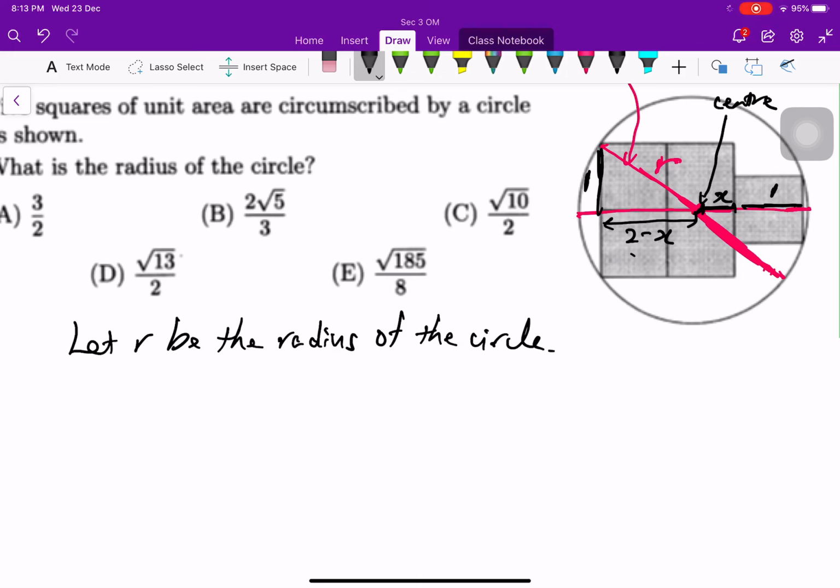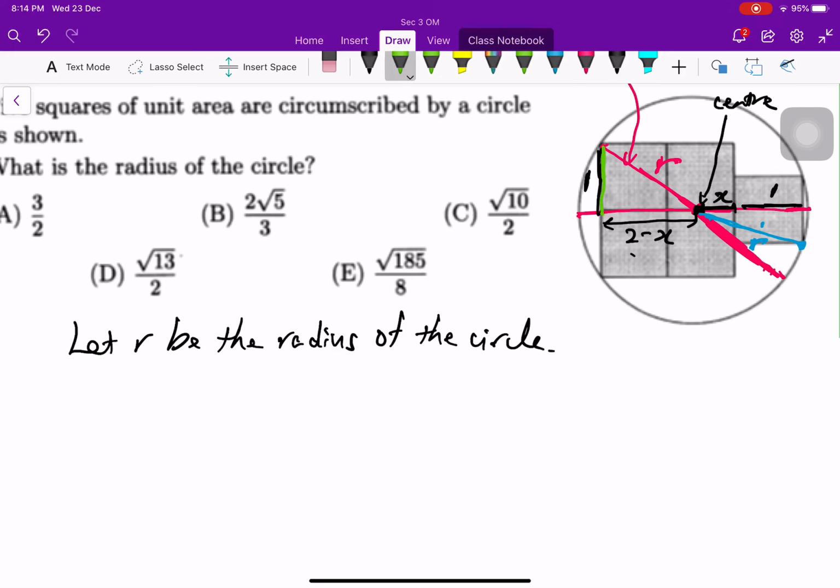If this is the center, can I draw like this? It touches the circumference, therefore this is also R. Can you see that this is also R? Now can I ask you to concentrate on this triangle?